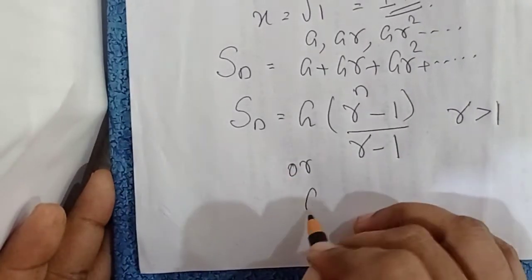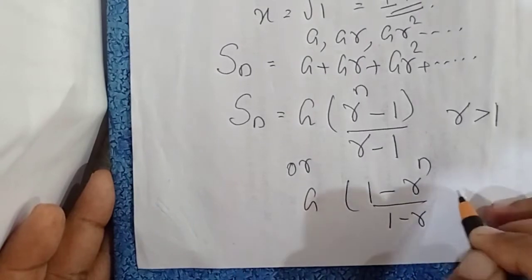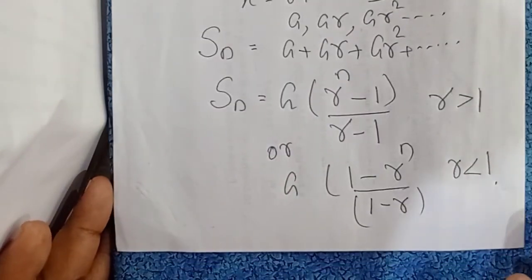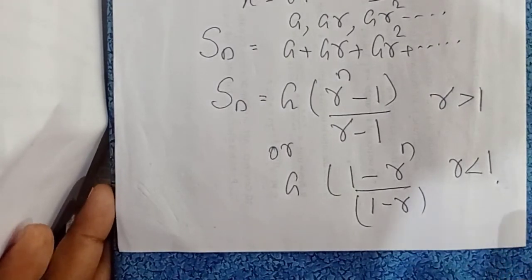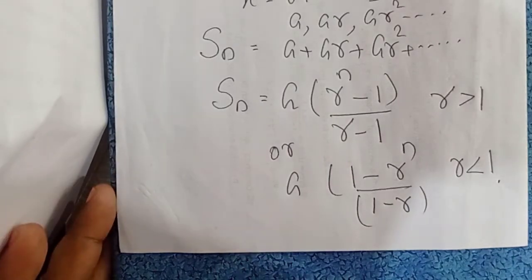Or a into (1 - r^n)/(1 - r) if r is less than 1. If r is less than 1, you can apply this formula. Finish.